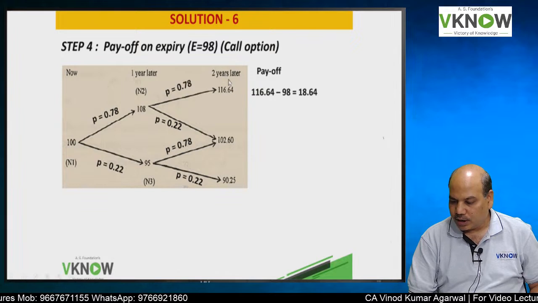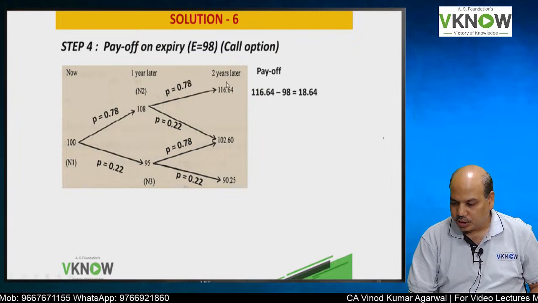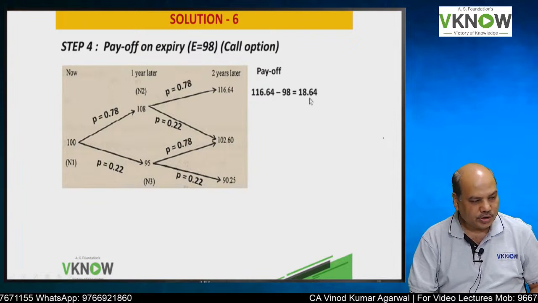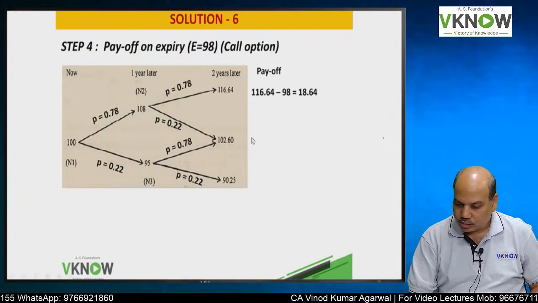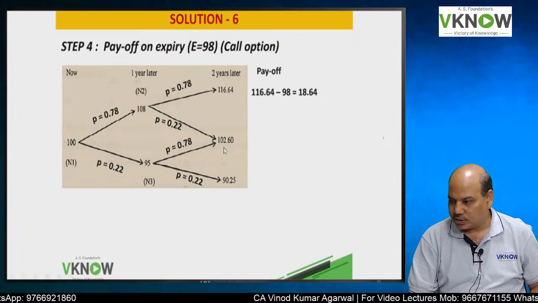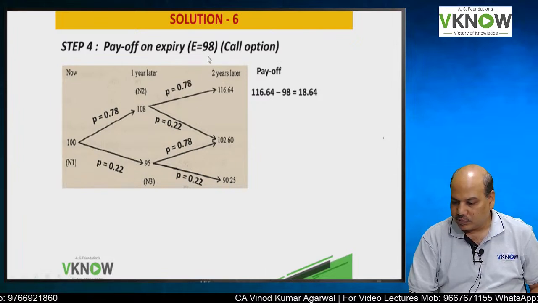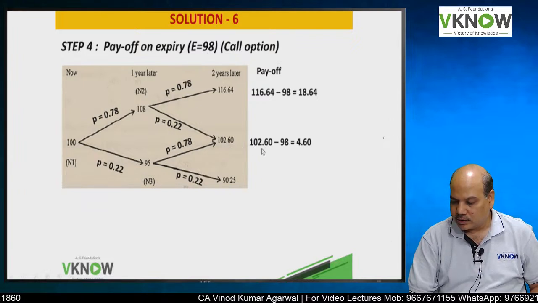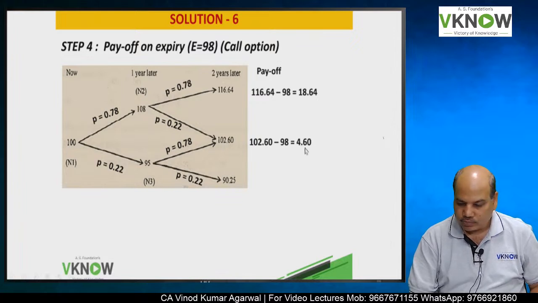So the payoff at this point will be 18.64. What will be payoff at this point? 102.60. Market price is more than 98, so call will be exercised and the payoff will be 4.60.